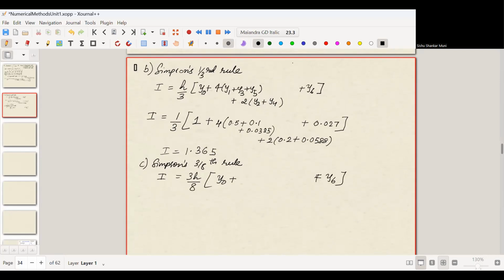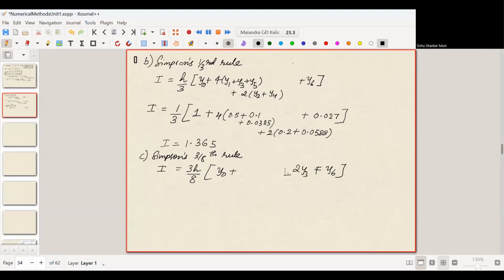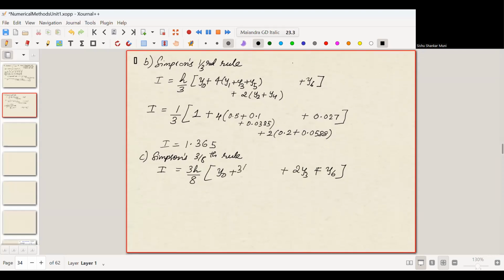Yeah, am I right? Do you see any other indices multiplied by 2? No. So it will be 2 times y3. Then the remaining are multiplied by 3. That's what we did in the programming also. So what are the remaining? y1 plus y2. Okay. That's good. That's how you should do it. Okay. So what's this value?